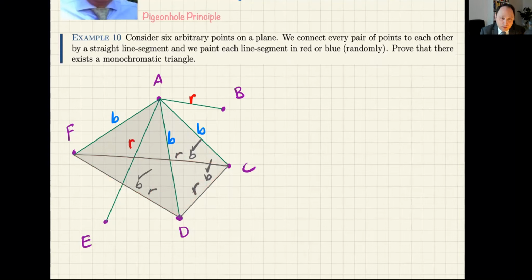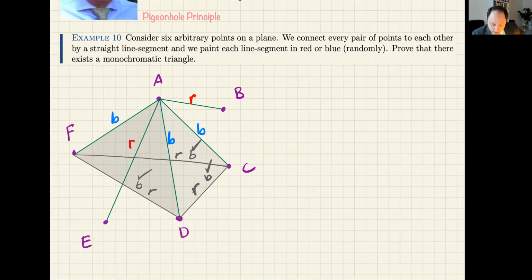Do you understand what's going on? It's a very nice problem. So what I'm saying is that 3 of them are of the same color. This is definitely clear because of the pigeonhole principle. And now I concentrate on this triangle here.